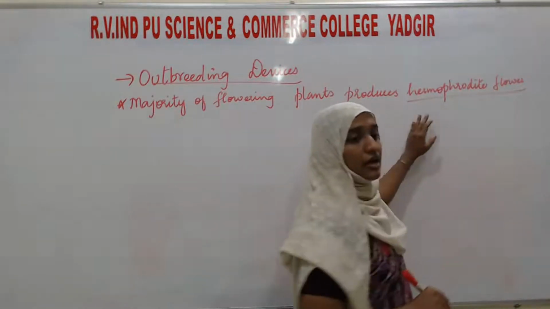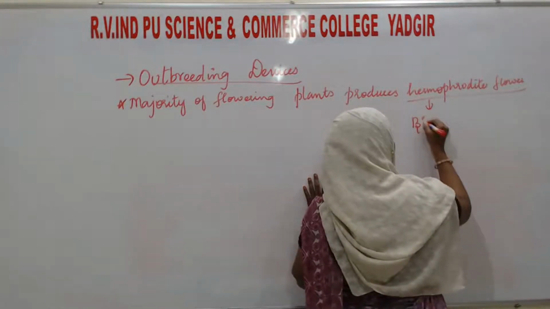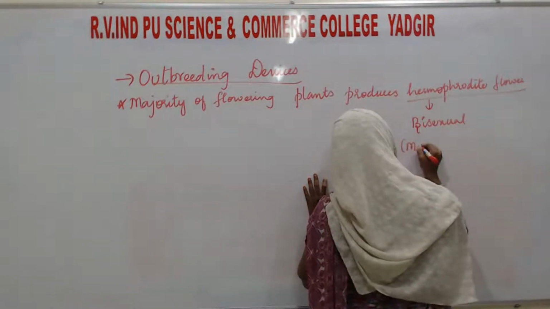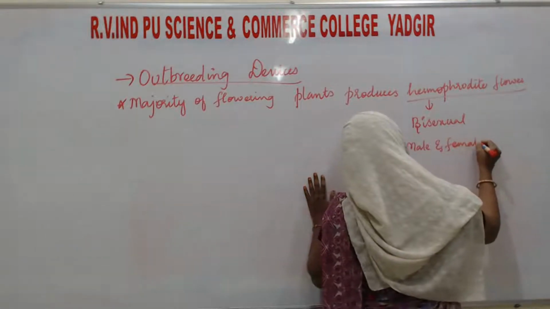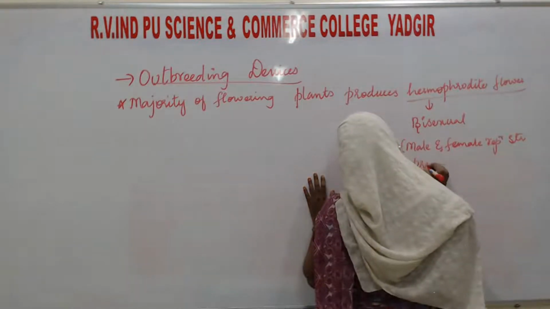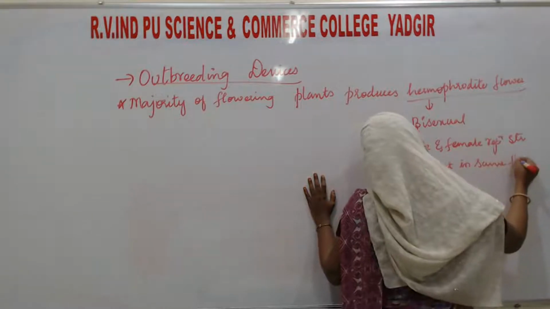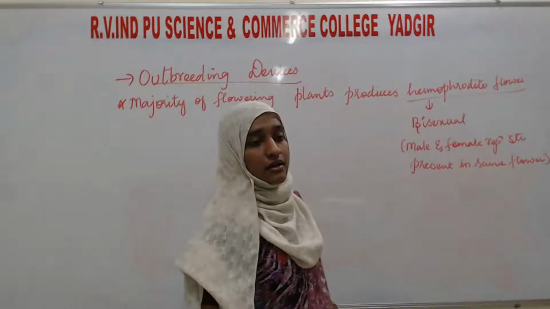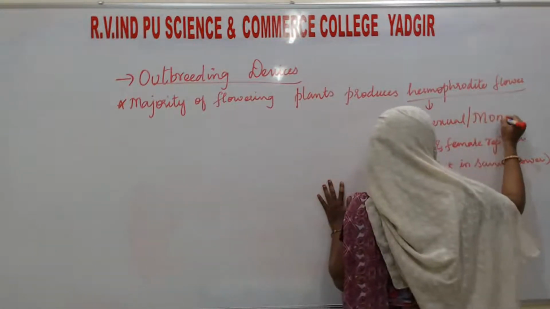What do you mean by hermaphrodite flowers? That is bisexual flowers, where male and female reproductive structures are present in the same flower. That type of flower is known as the hermaphrodite or bisexual or else monoecious.